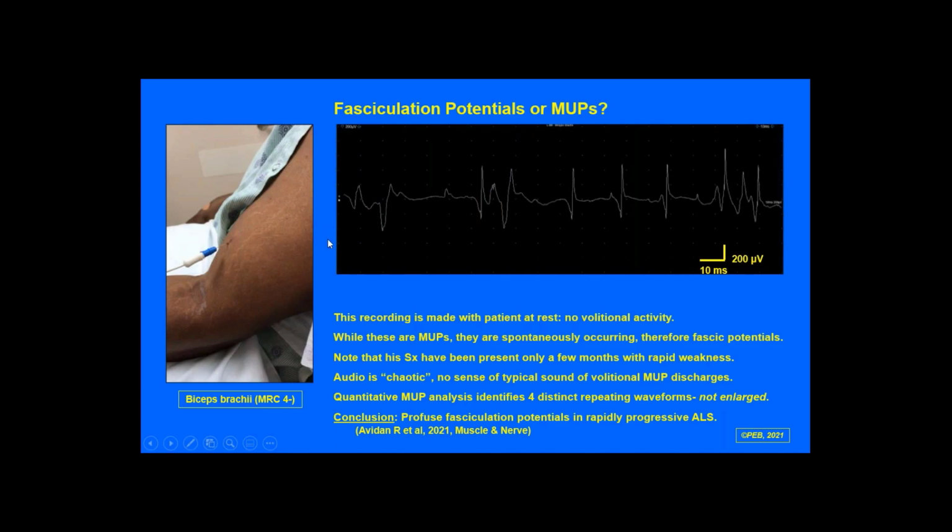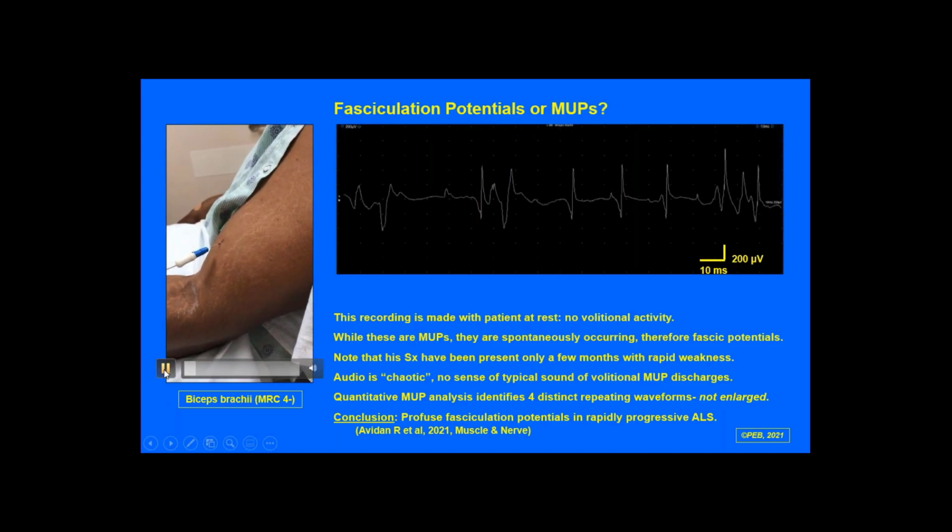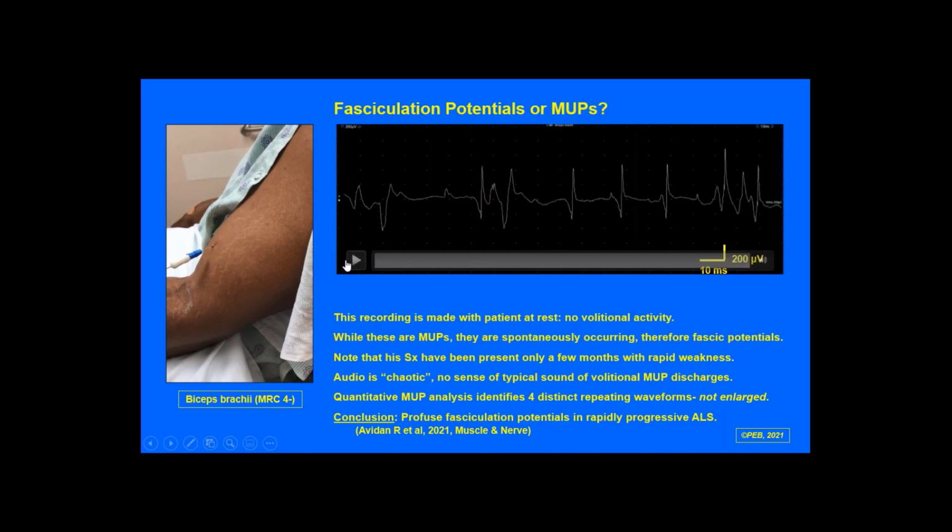And again, I emphasize this recording was made with a patient completely at rest. So they fulfill criteria as fasciculation potentials. So let's watch his arm here, and it's literally shaking. And as you watch that, I'm going to start this one.